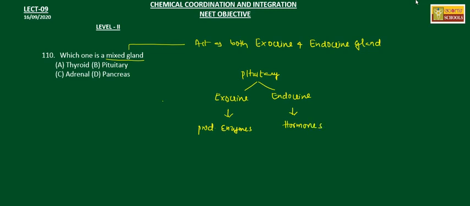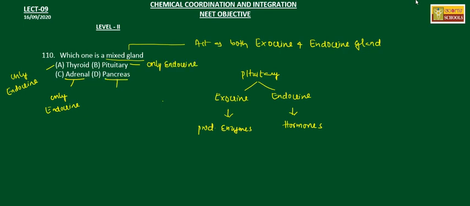So which one is a mixed gland? Thyroid gland is not a mixed gland. It doesn't have an exocrine part. It is only endocrine. Adrenal gland also only endocrine, and pituitary is also only endocrine.